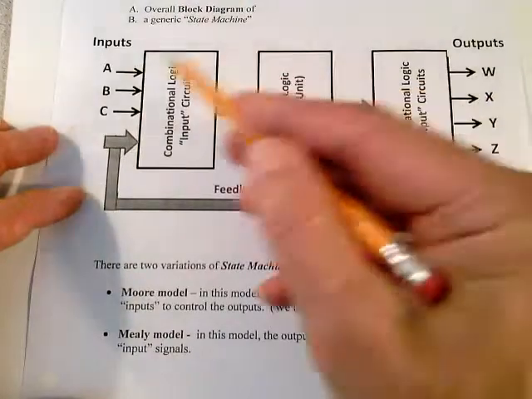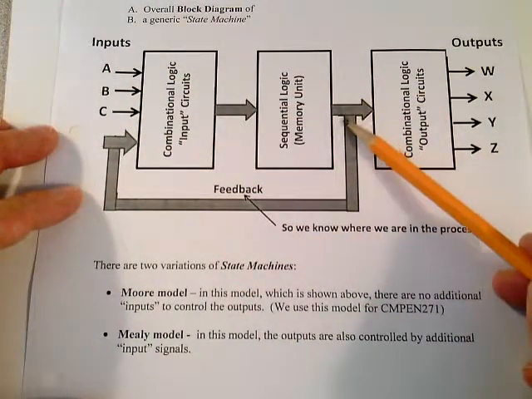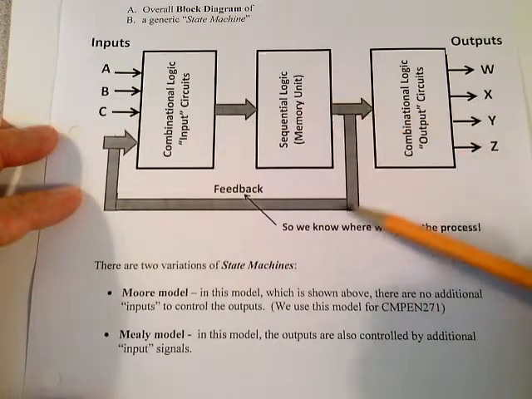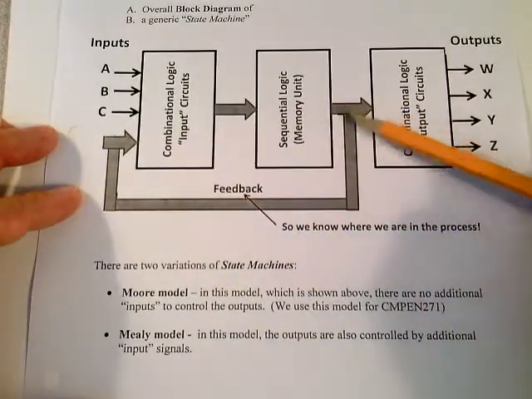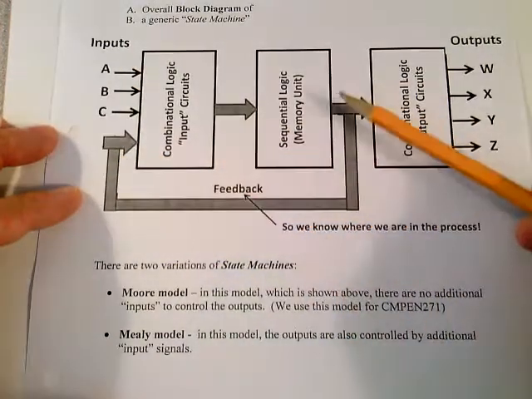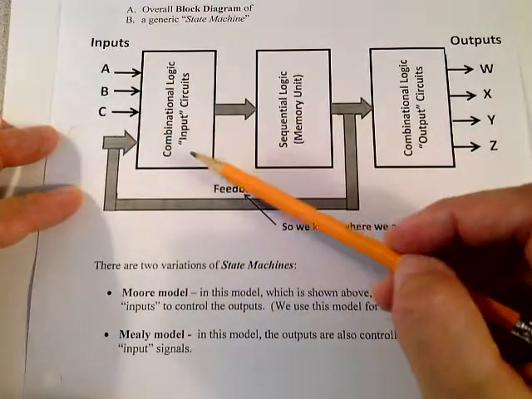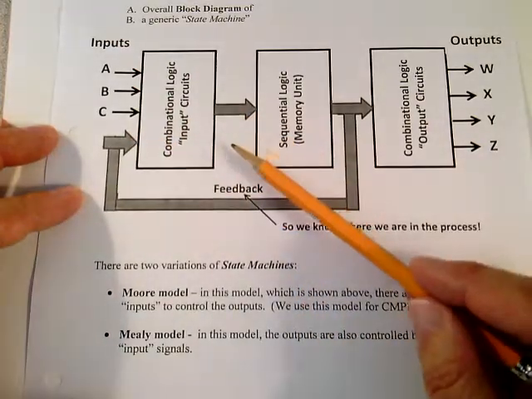In other words, if you take a look at our model up here, here's our feedback coming back from our flip-flops. If you have 2 flip-flops, you have 2 lines coming back. If you have 3 flip-flops, you have 3 lines coming back, because you need to know what state you were in before the next clock comes, and then based on these inputs, you react.